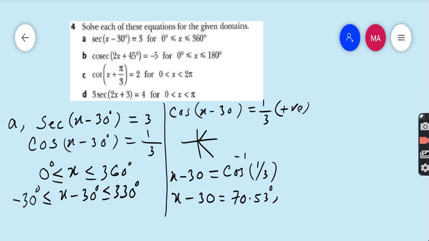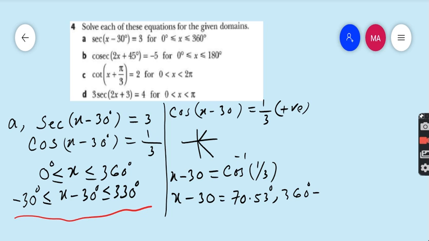Now our domain is from minus 30 to 330. You can see this. So for a negative angle, there is no value of cos which gives us 1 upon 3. For 330, it exists in the fourth quadrant. So we have to find the angle in the fourth quadrant.